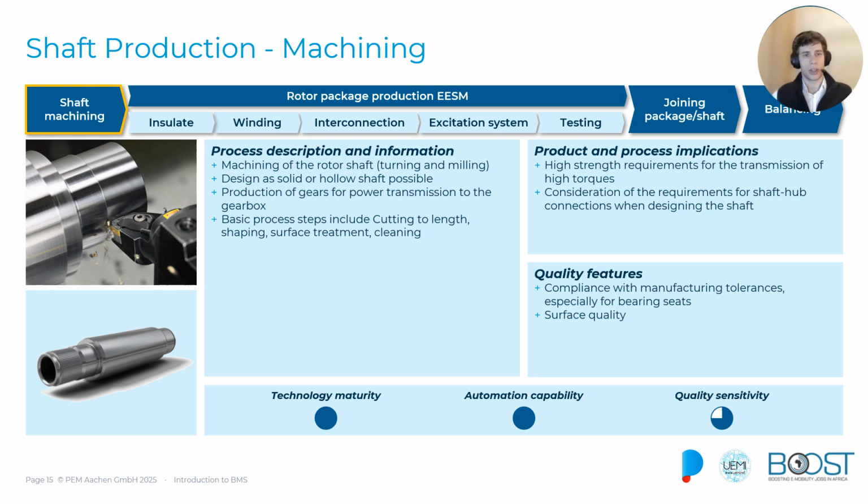Milling the shaft in production for an electric rotor involves using a rotating cutting tool to shape and finish the shaft. The process starts with securing the shaft material on a milling machine. The cutting tool then removes material from the shaft to achieve the desired dimensions and the surface finish.